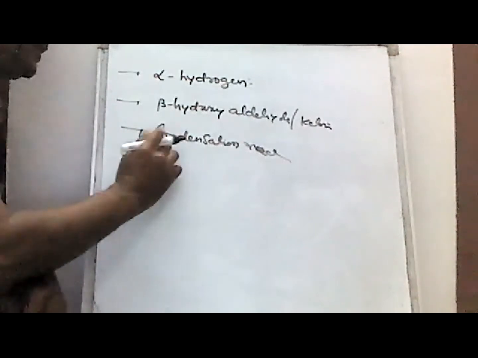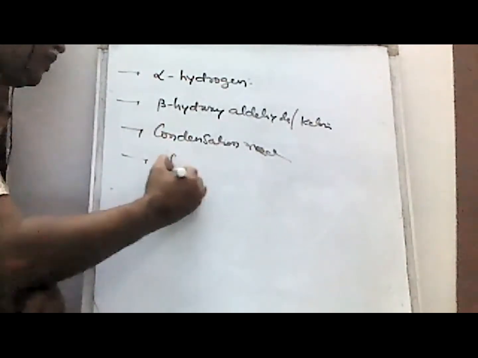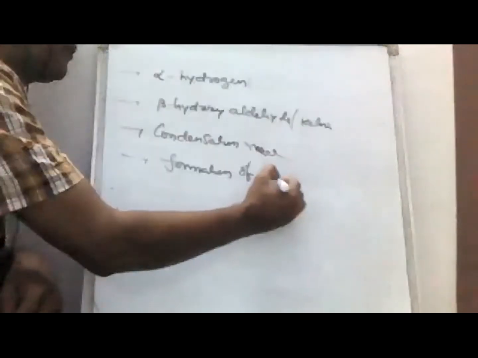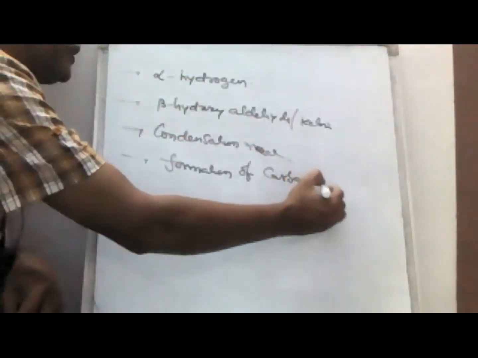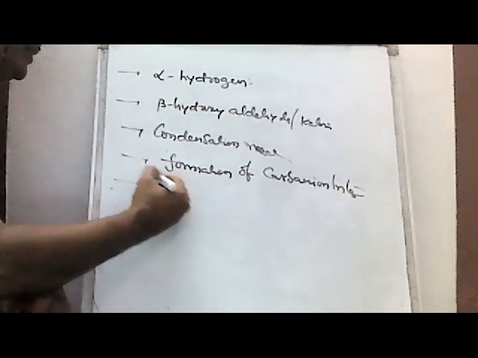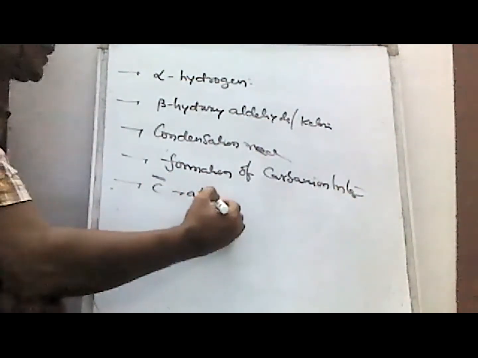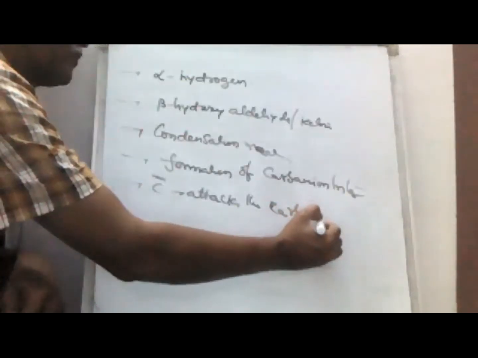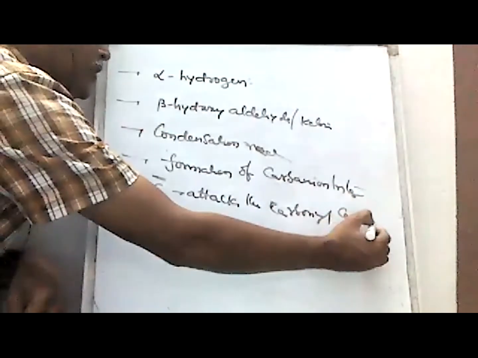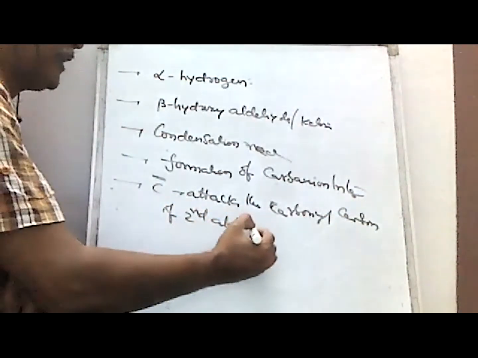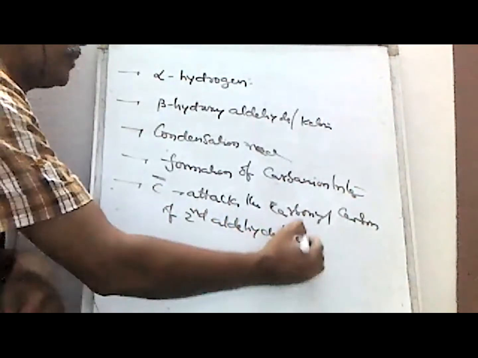Then the mechanism involves the formation of a carbanion intermediate. This carbanion attacks the carbonyl carbon of the second aldehyde or ketone molecule.